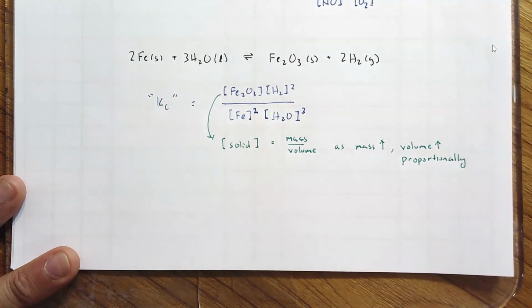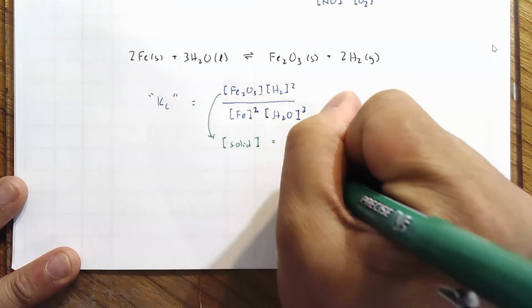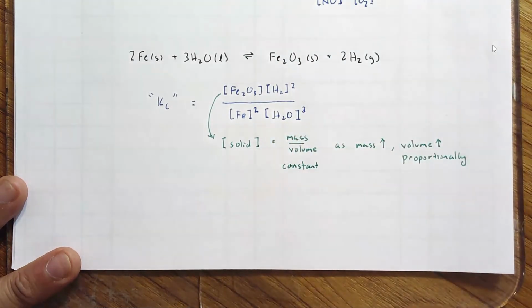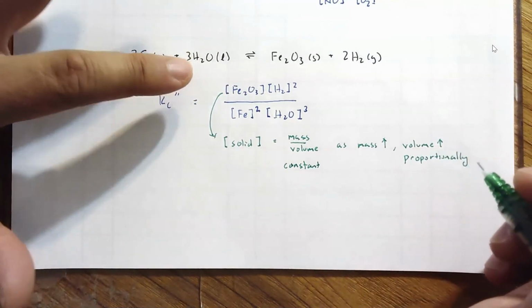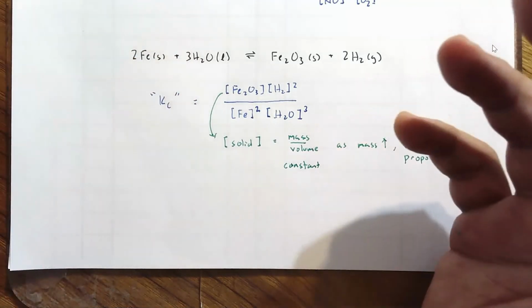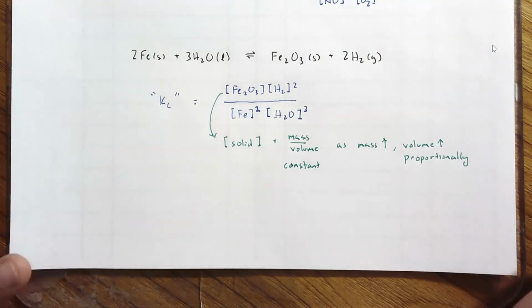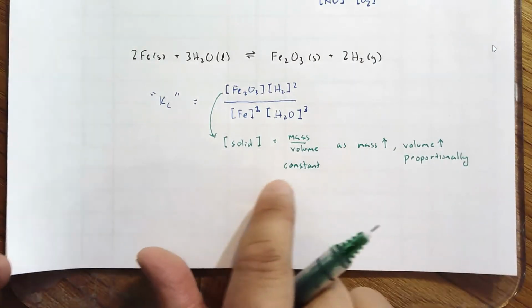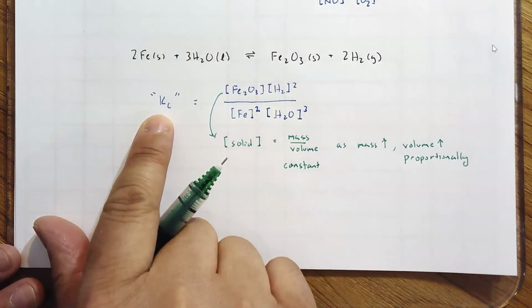It's a big deal, because if this is a constant, then it doesn't make any sense to put it into an equilibrium expression, because the concentrations of the components that affect the equilibrium have to be changing, or be able to be changed. What we could do is fold this constant into the Kc itself.